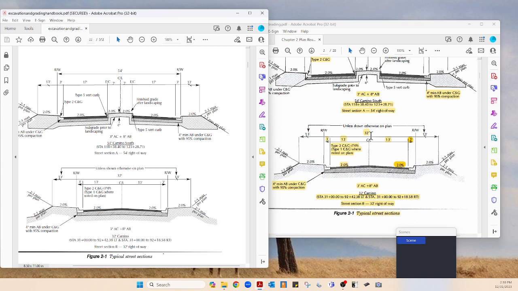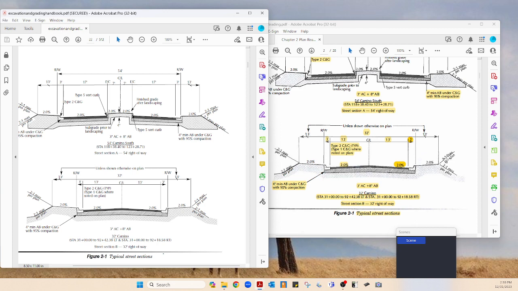In this case, we have a 32-foot right of way right there. We're at street section B. This is street section A. A has a 54-foot right of way. So there's going to be a meet and match somewhere where this changes into a boulevard type situation. But I'm not sure we'll get there in the book. But at any rate, this one's telling us the same thing.